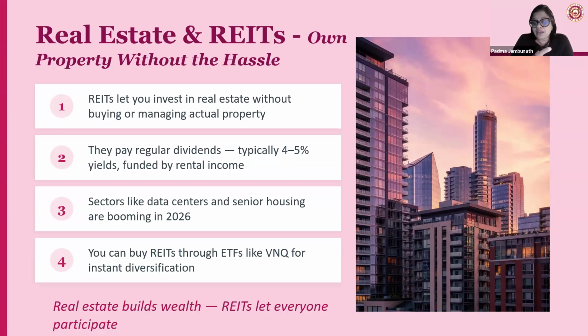So that way you are diversified and you are exposed to all the sectors I spoke about, like data centers, senior housing, industrial warehouses. You automatically have diversification. And if you go through an ETF, that's the best way to do it because the cost is also low. Okay, so that is real estate and REITs for you.